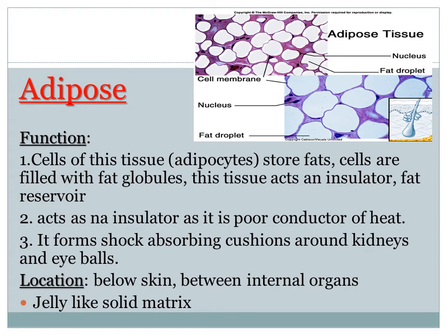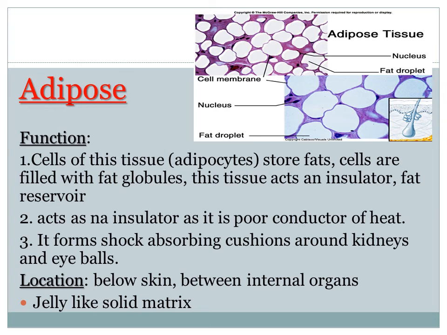Now, next connective tissue is adipose. This is nothing but fat reservoir of the body. Its matrix is packed with large spherical or oval shaped cells called adipocytes. Each cell contains fat globules.